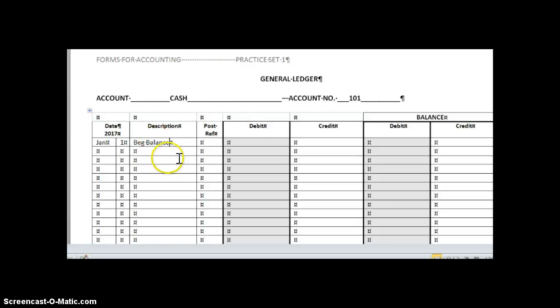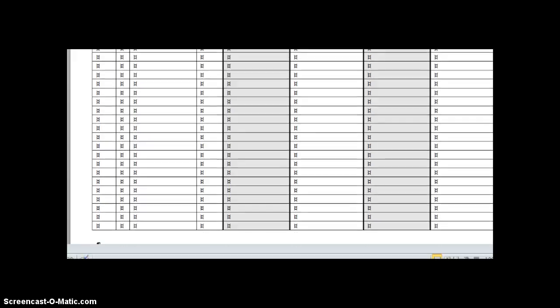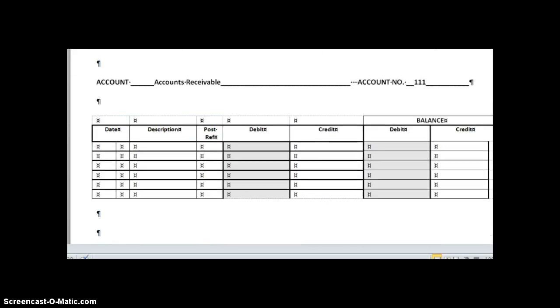Put a posting reference of an X or a check mark to show that you're bringing it in from a prior period, and you type in your debit, 111350. That's your beginning balance for your cash account. You do the same thing for all the other accounts that are listed there.